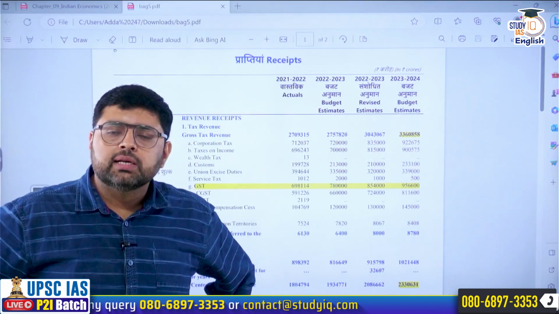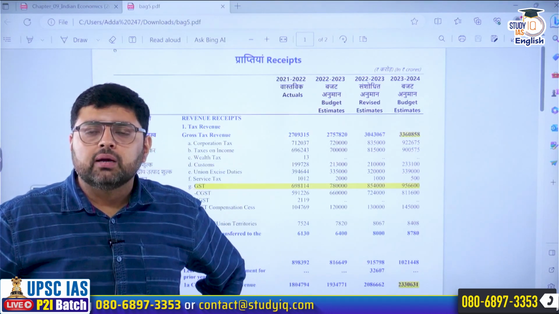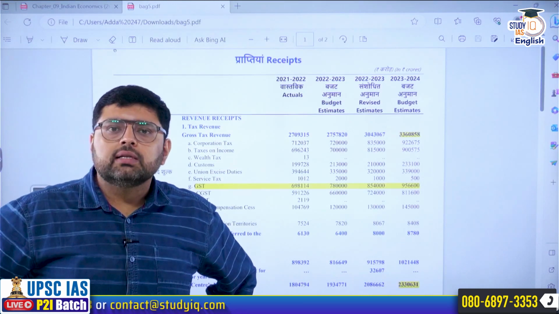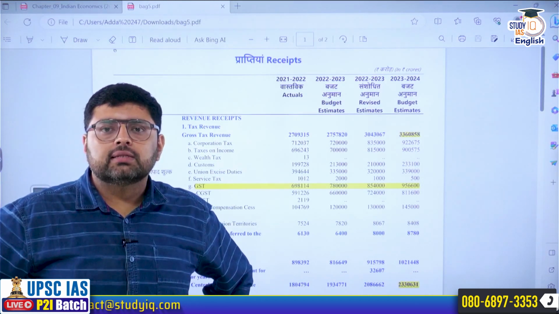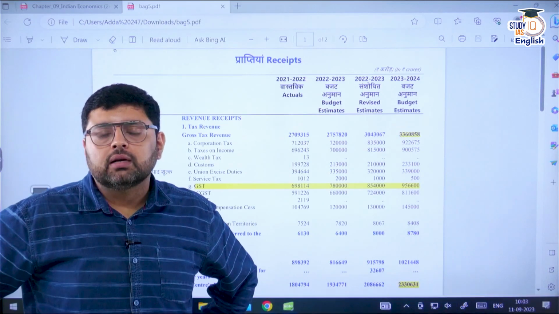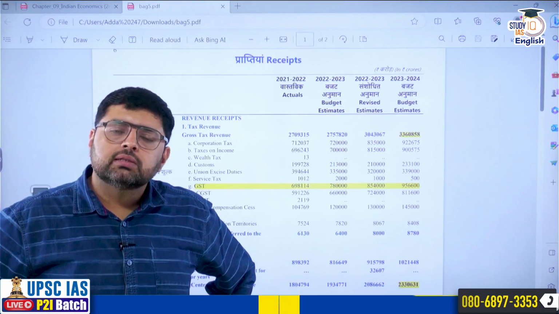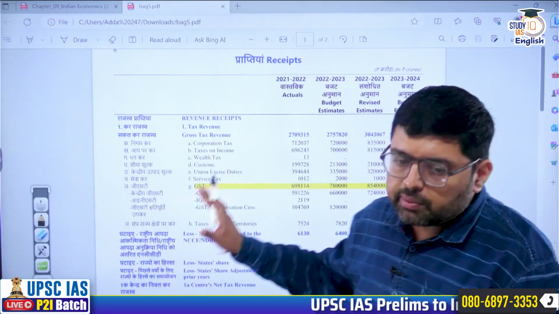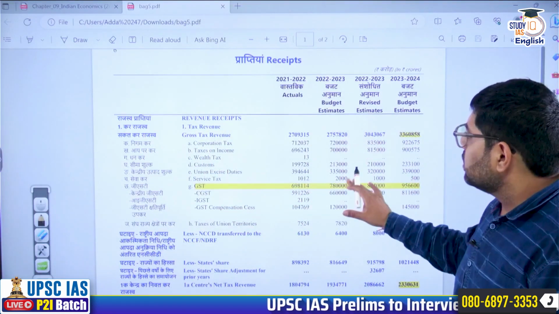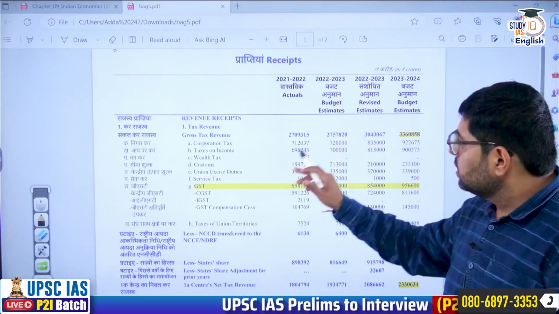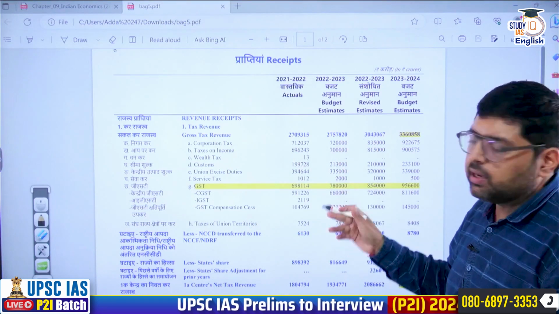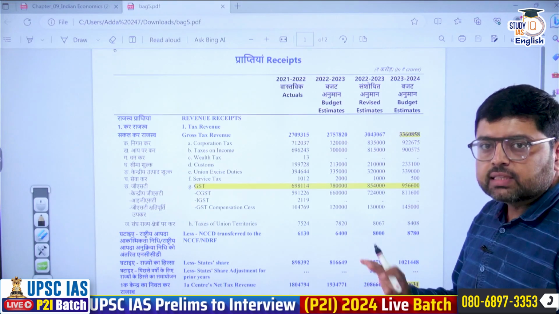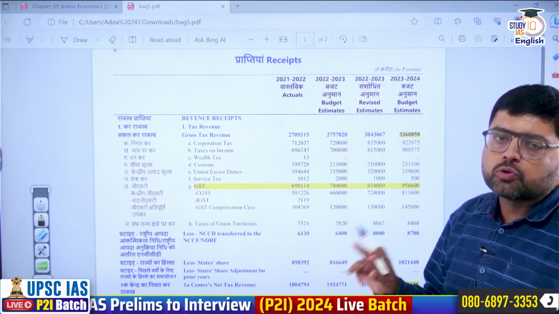In some cases tax is collected and levied by the Government of India, the union or central government, whereas in some cases tax is collected and levied by the state government. We are talking about only the first case, that tax is collected and levied by the central government, and whatever tax is collected and levied by the center has to be distributed.